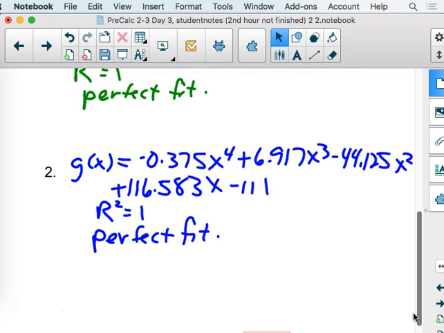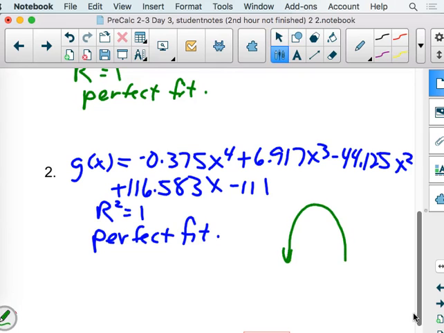Well, because this one, we have negative 0.375x to the 4th, which means the end behavior would look like that. And if there are situations in the real world where you can't just endlessly go down forever, that wouldn't be the best way to write this. That's not what's really happening in the real world. Then we've got to pick a different model, a model that doesn't have that happening.